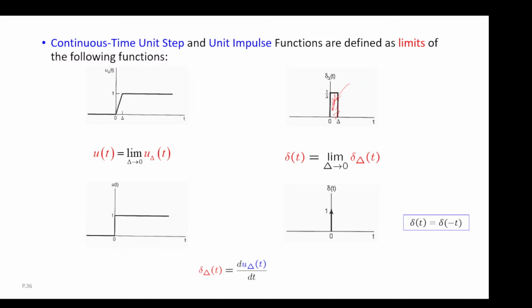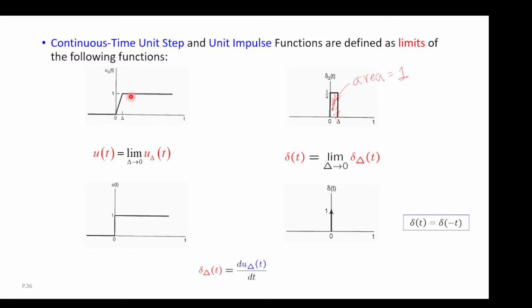So the area is equal to 1. For every finite triangle, you can define those two functions nicely. And we want to take the limit as triangle goes to 0.